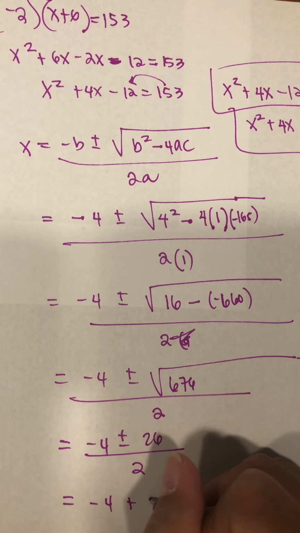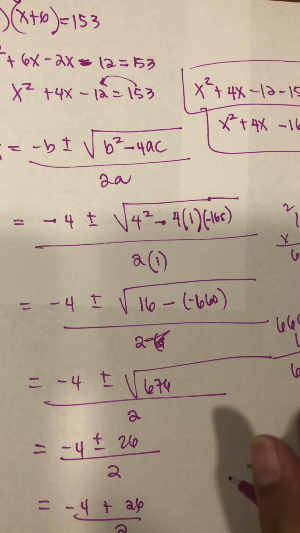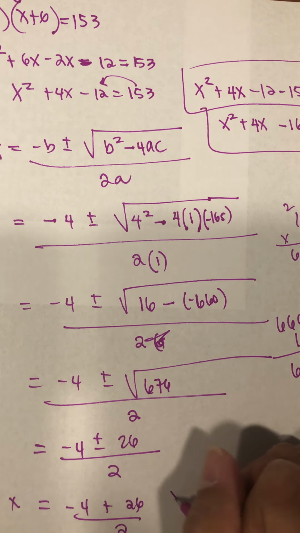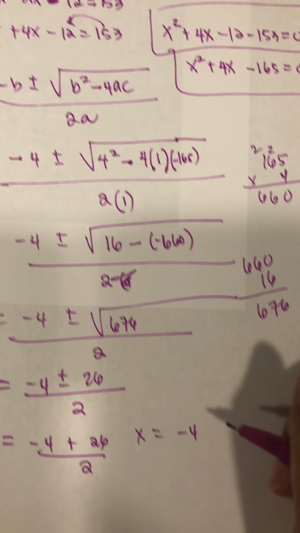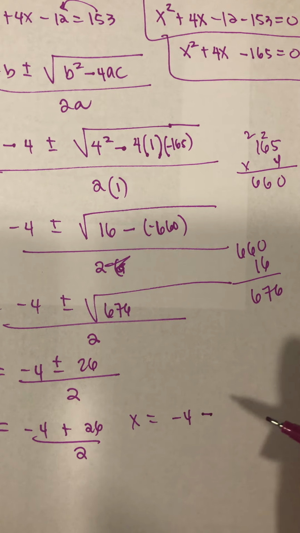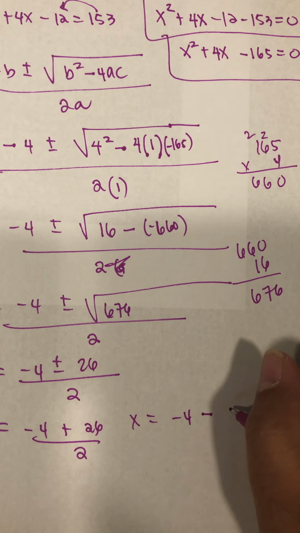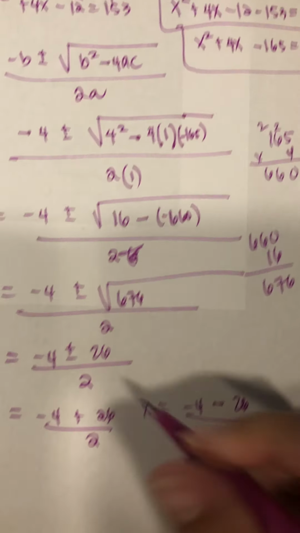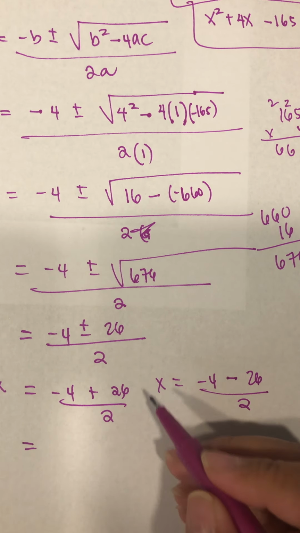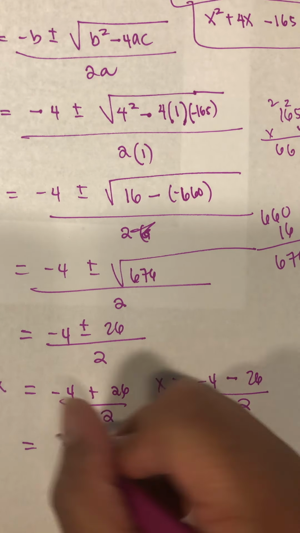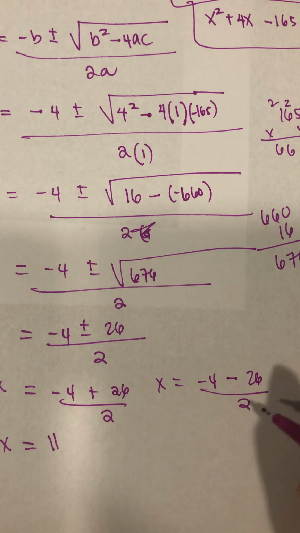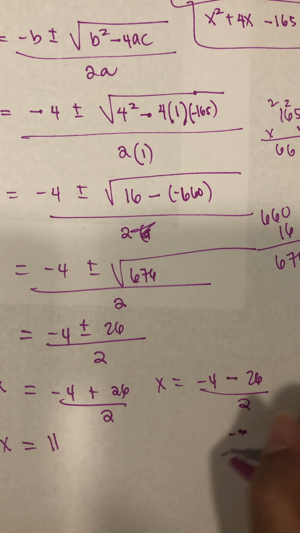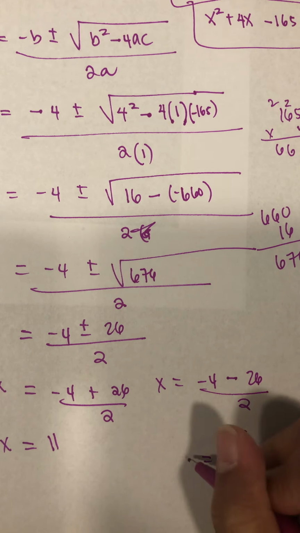One is negative 4 plus 26 over 2, and the other one is x equals negative 4 minus 26 over 2. So this is 22 divided by 2, which is 11. The other one is negative 30 over 2, which is negative 15.